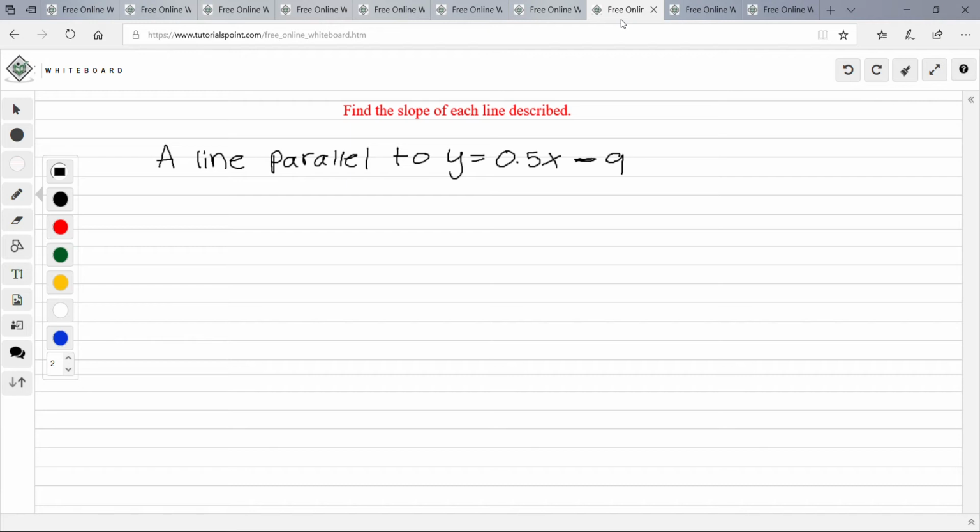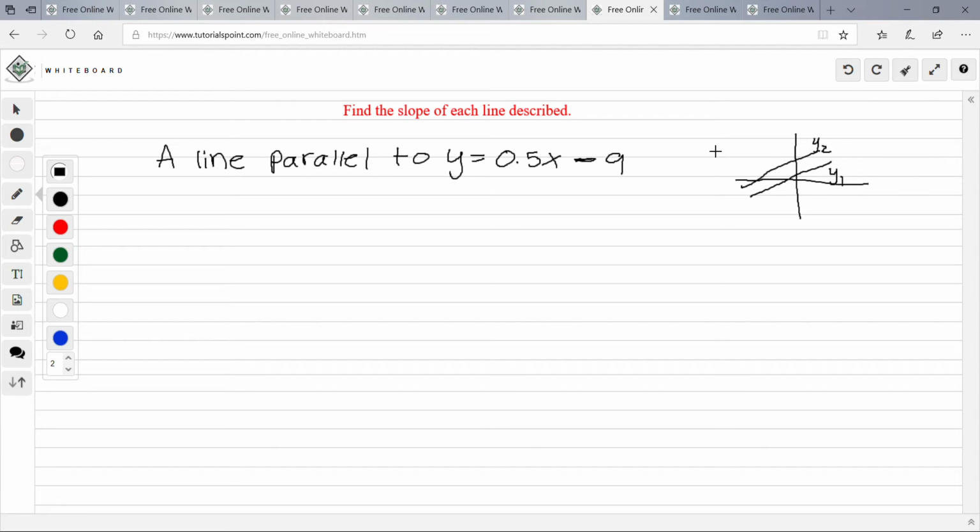So do you remember what parallel looks like? When two lines are parallel, they look something like this, right? We'll call this graph y1 and then graph y2.